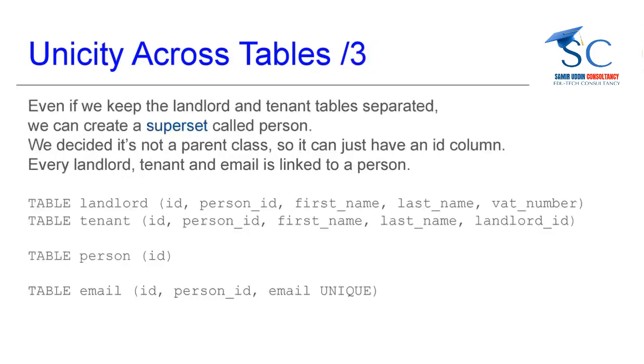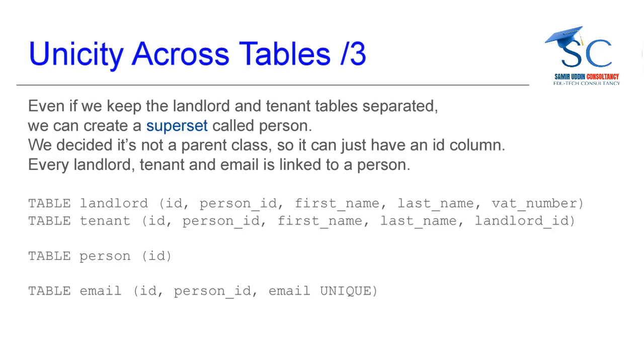So what you can do instead is basically almost what we did before. We create another table, which is not a superclass in this case, but a superset. We have a person table with the IDs of all the landlords and the tenants. Well, I simplified a bit.